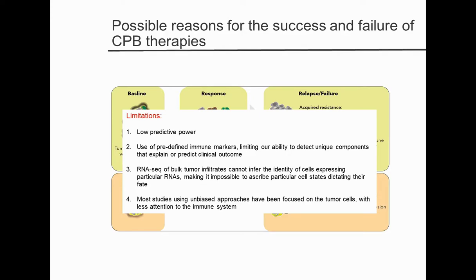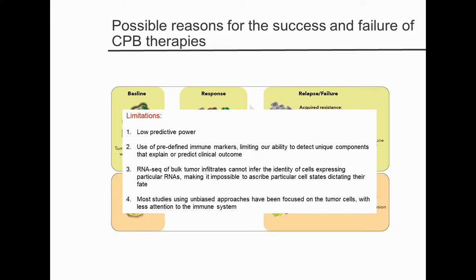The other limitation is the usage of predefined immune markers, which limits our ability to identify new factors that can elicit an immune response or are associated with either success or failure of those therapies. The usage of bulk RNA-seq data limits our ability to infer specific cellular states or markers in specific cells, or the contribution of specific cells, as we are looking at an average of expression within a given tumor and not a specific expression within specific cells.